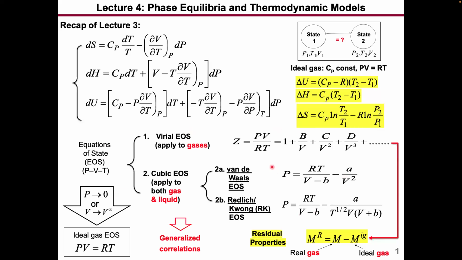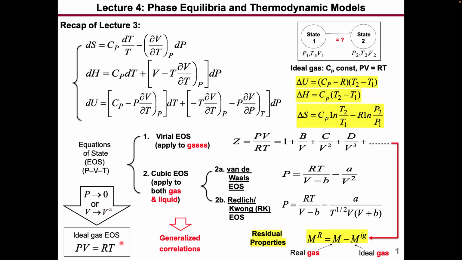For all these equations, we talked about the compressibility factor Z equal to PV divided by RT. And for all these equations, if you go to the P equal to 0 limit, or V goes to the V infinity limit, you will recover PV equal to RT, which is the ideal gas law.